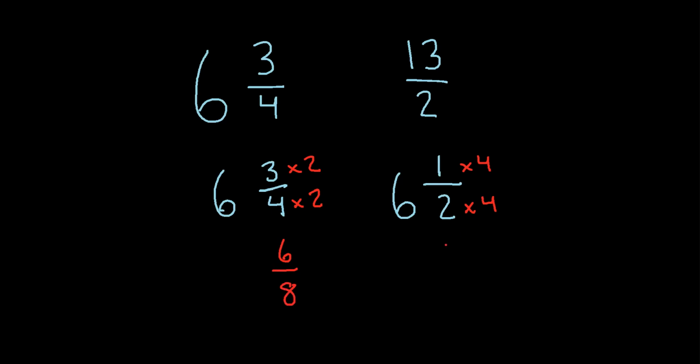And then over here we get 1 times 4 is 4, over 2 times 4 is 8. So we've converted both 3/4 and 1/2 into fractions that have the same denominator. So to know which fraction is larger, we simply look at the numerators and we can see that 6 is greater than 4, which means 3/4 is greater than 1/2. So our final answer on this one is that 6 3/4 is greater than 13/2.